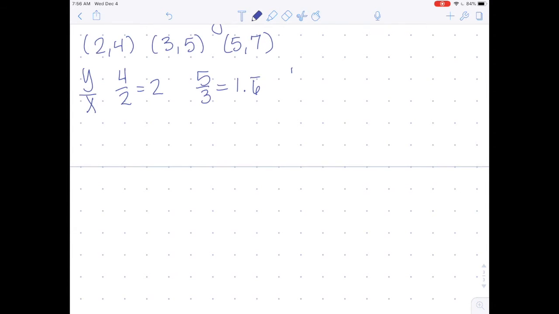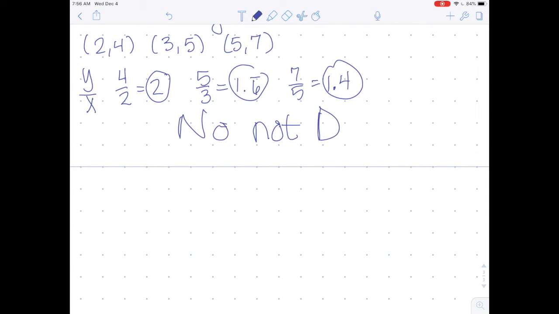And then 7 divided by 5 is 1.4. So these are all getting different answers for their ratio. None of them are the same, so no, this is not a direct variation.